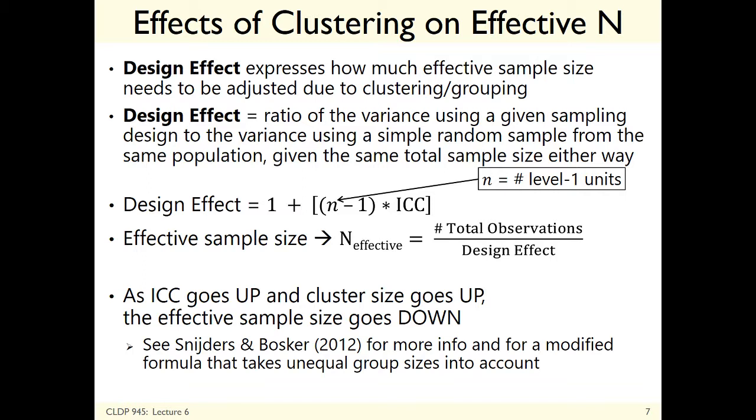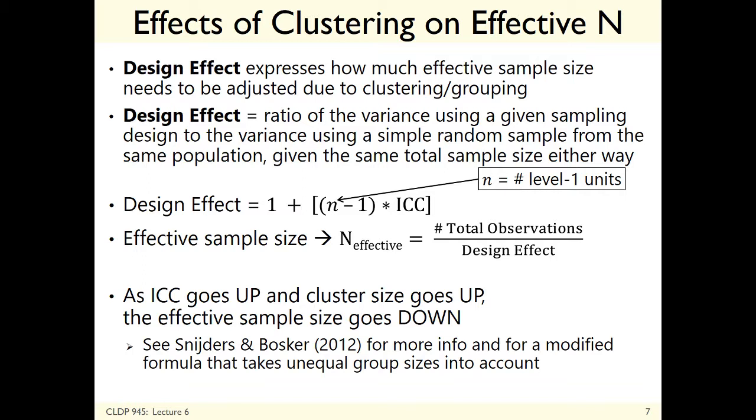So the formula for design effect is 1 plus the number of level 1 units minus 1, times the intraclass correlation. So only when the intraclass correlation is exactly 0 is your design effect 1, meaning that your sample size is really your effective sample size.